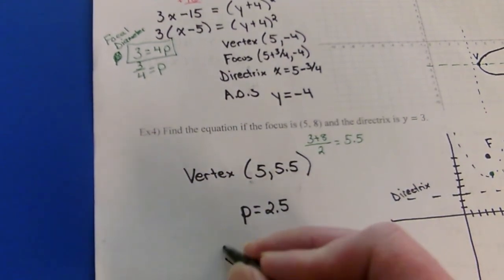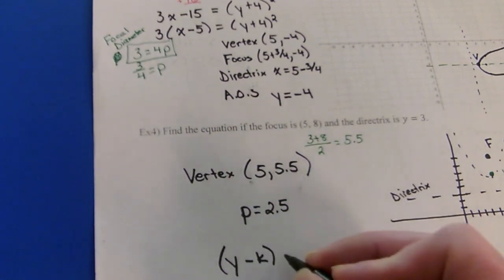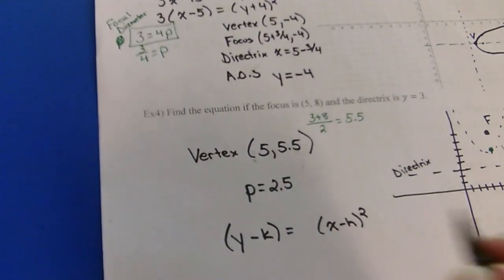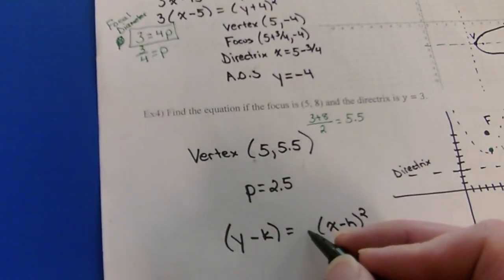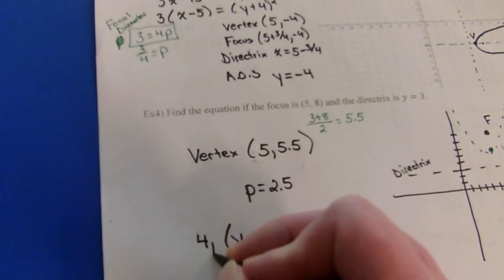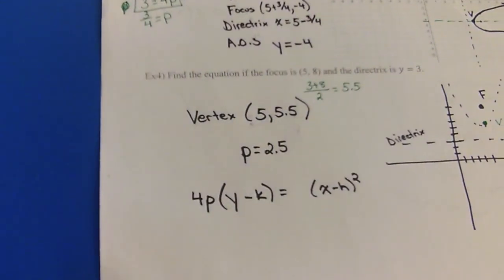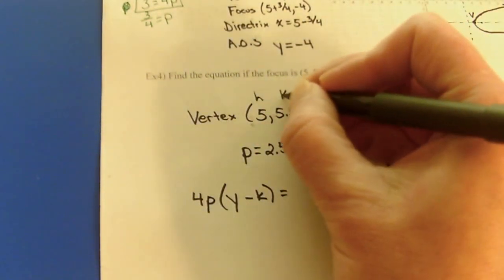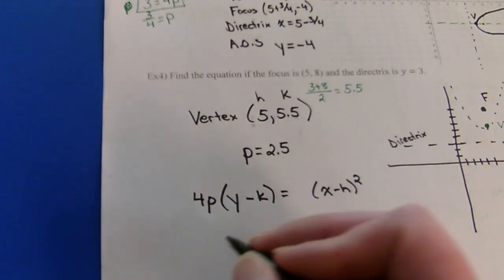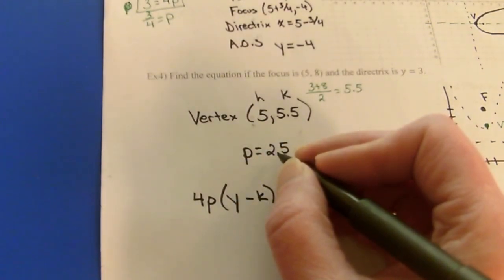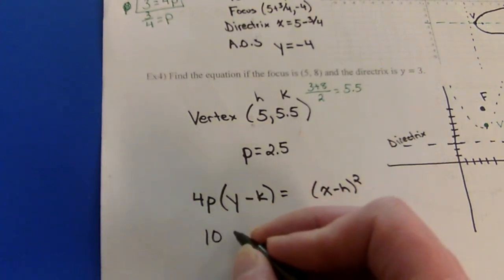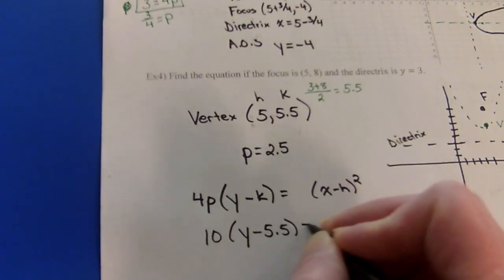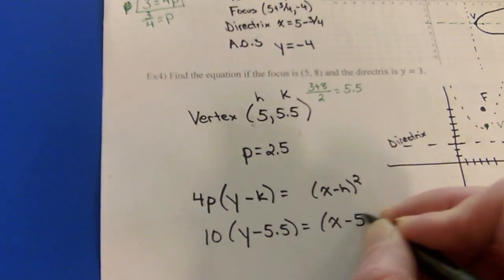So I'm going to have a y minus k equals x minus h squared. Now I can either put the a here, or this side could be 4p. I think it's a lot easier to write the equation using this form. This is my h, and this is my k. So 4 times 2.5 would be 10. y minus 5.5 equals 10 times (x minus 5) squared.